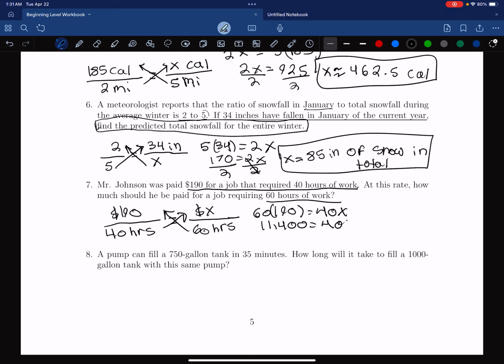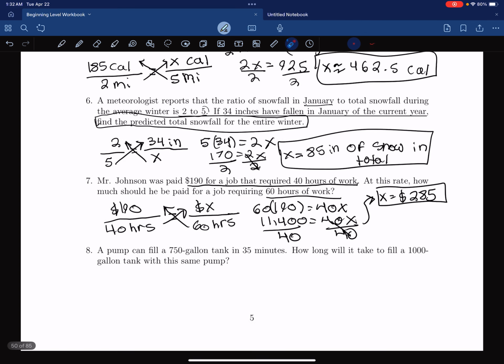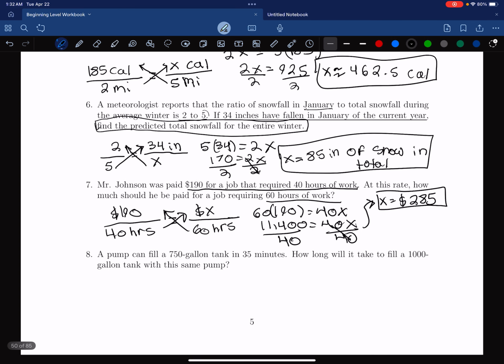From here, we divide both sides by 40 to solve for x, and you get x equals $285. So if Mr. Johnson worked 60 hours at this rate, he would get $285.